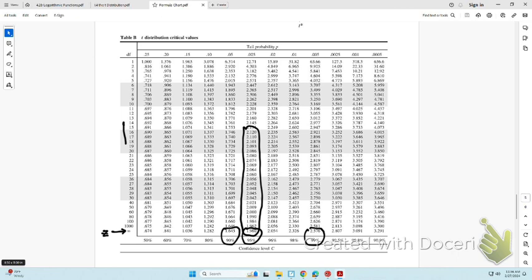As degrees of freedom increase, what are all of these numbers approaching? 1.96. It gets closer and closer. Look at 1,000 degrees of freedom. It's almost exactly 1.96. And then look at the top. It's very variable. A large t-score. All right.